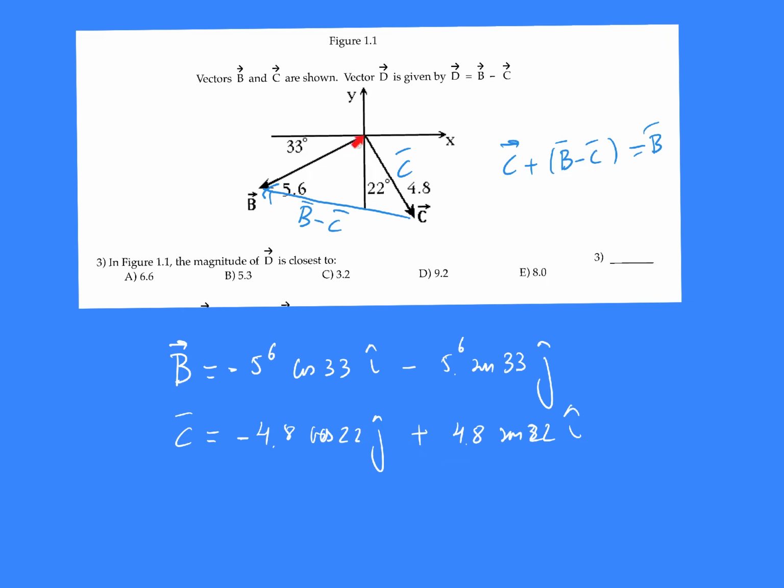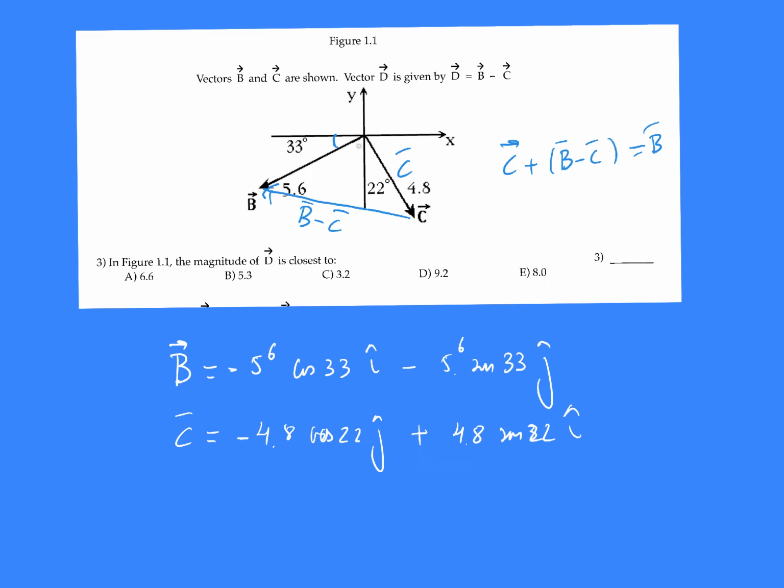For the v, I'm going to apply the same procedure that I applied on the last problem. I visualize v like the sum of two vectors: one vector going in the minus i direction, and another going in the minus j direction.